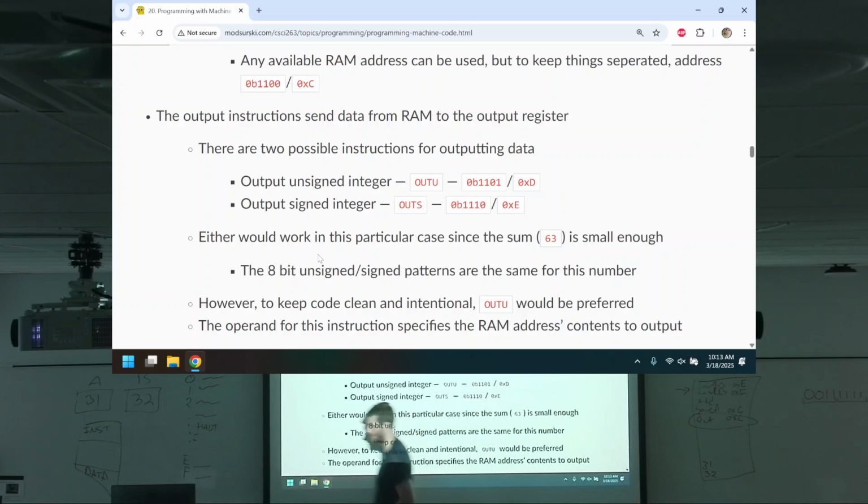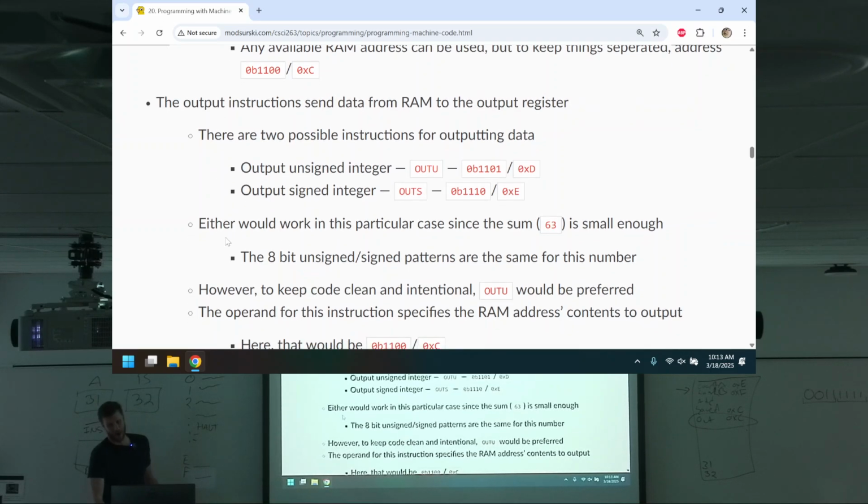All right, back to this stuff. So next we want to output. We have two outputs. We have out U and out S. Remember, out U is assume the data is unsigned, and out S is the data is signed. Now, in this particular case, it wouldn't matter because 63 is small enough.